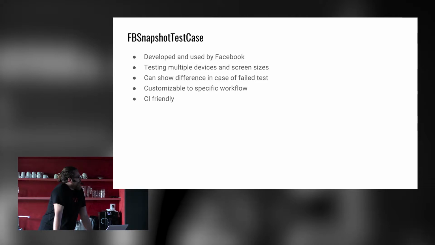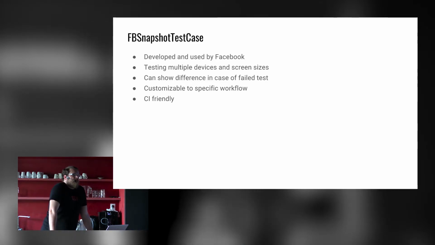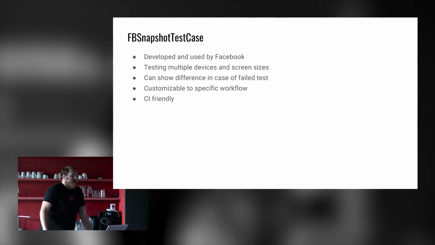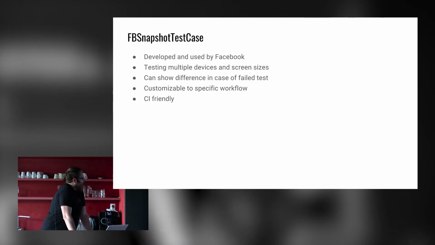I will show you an example of that later. It can also be customized to a specific workflow. So if you are using, I don't know, Fastlane or some CI tool or building manually, this library is very flexible. You won't have any problems integrating it with any of your projects.